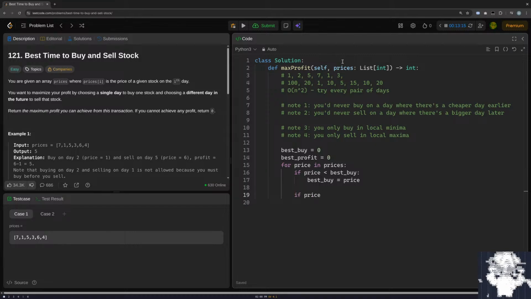If price minus best buy is greater than best profit, best profit equals price minus best buy. Then at the end, return best profit.